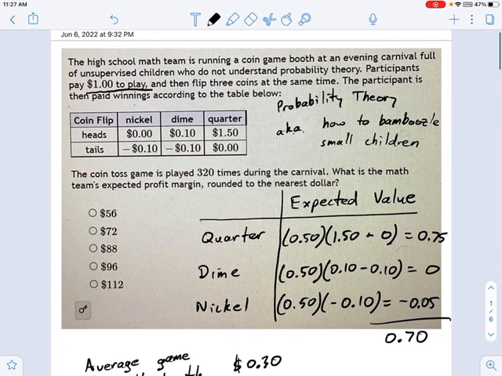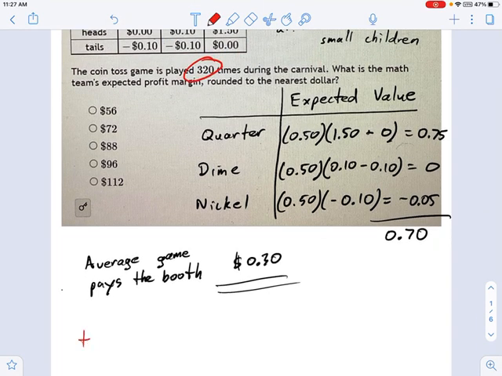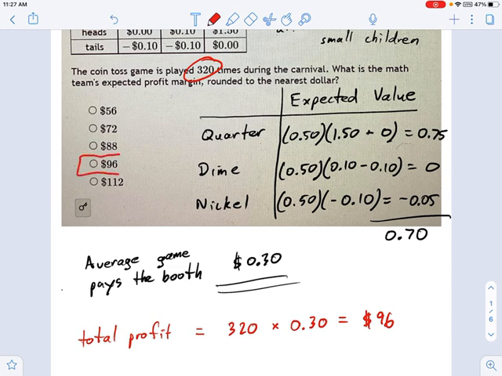And if you have 320 of these games, well, then the total profit is equal to 320 times your expected profit per game. And those lucky games and those unlucky games, they'll all average out in the end, and you're going to land somewhere in the neighborhood of $96. Maybe you get $100, maybe you get $90, who knows. But this is the expectation value.